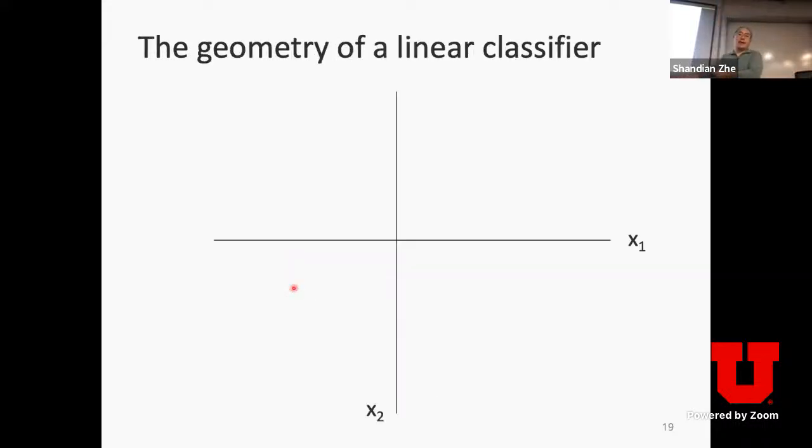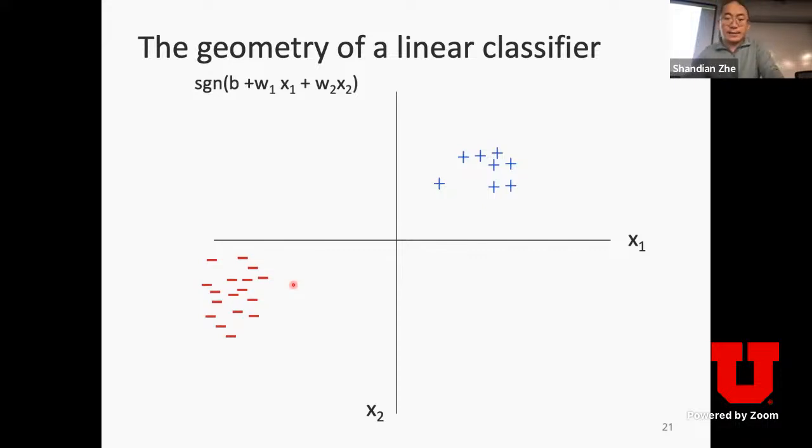So now we want to look at what kind of geometry can be reflected by a linear classifier. Suppose we have a set of positive examples and negative examples. If we look at the prediction rule of our linear classifier, we're looking at the sign of this score function. This score function is the bias parameter b plus w1 x1 plus w2 x2.